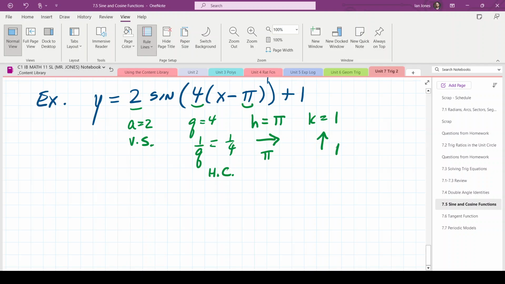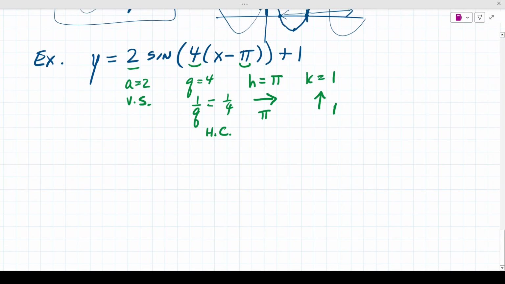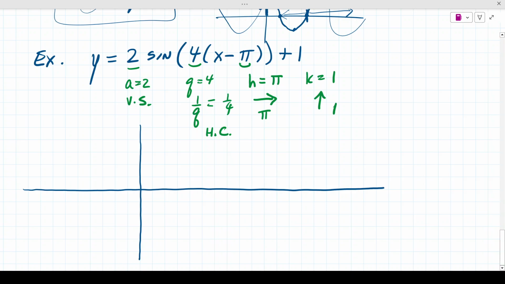Just going to put on some grid lines. Okay. Let's focus mainly on the region from 0 to 2 pi. Now, how should I do this here?